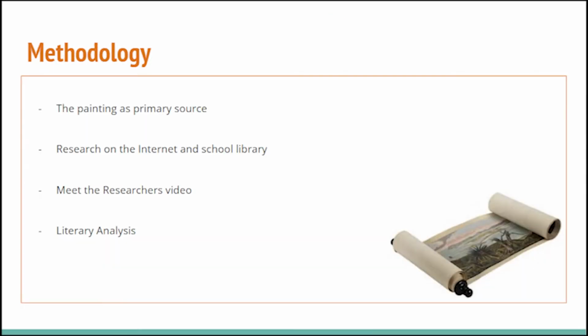Okay, so now we're on to research methods. So we mainly use the painting itself as our primary source of information for this research, extracting simple and more abstract information from the painting. For instance, the indigenous people hunting with spears on their island.